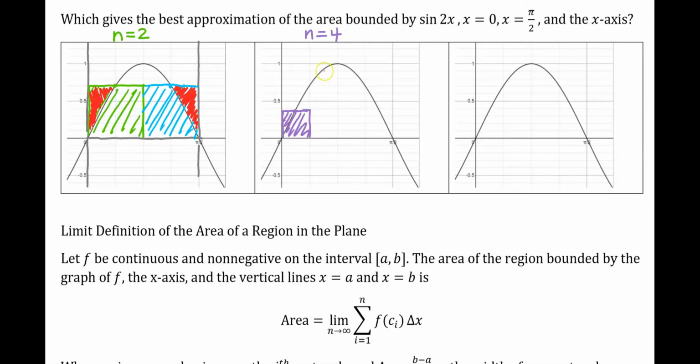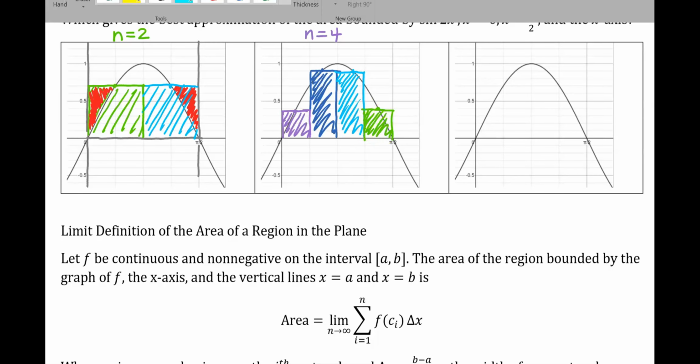My second rectangle would be about right there. My third rectangle would be about right there. Looks like those two have the same height, again due to some symmetry happening in here. And then my last rectangle about midway, say that's about right there. That would be like that.